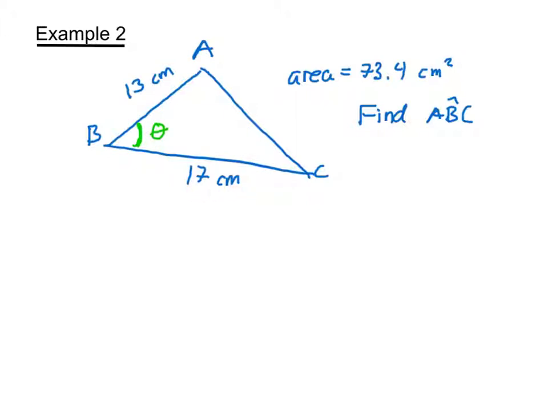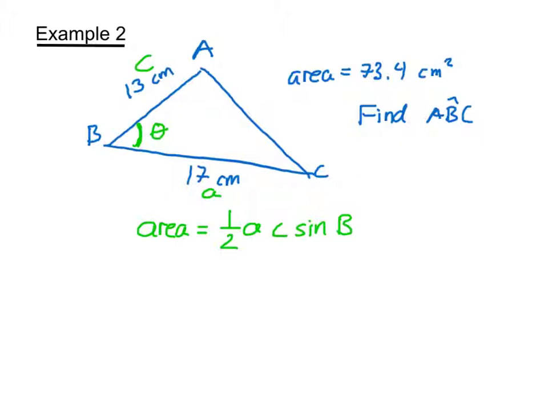Notice that we're dealing with two adjacent sides and the angle between them, plus we have the area. So I can write an equation here: area equals 1/2 side a times side c times the sine of the angle between them, which in this case is angle B.